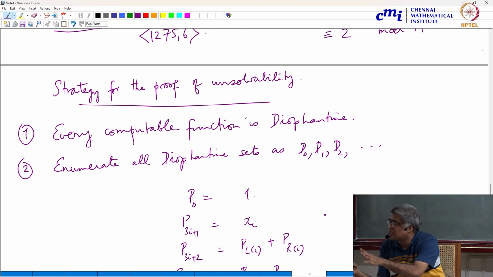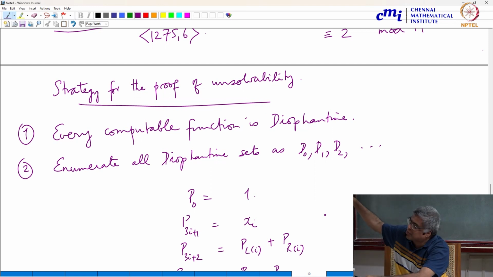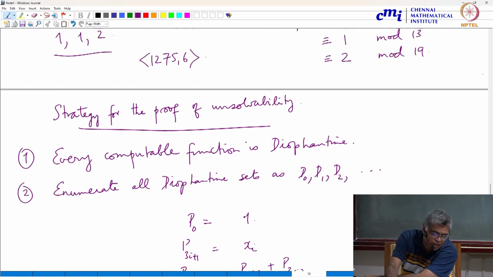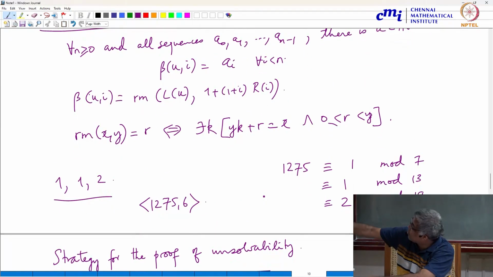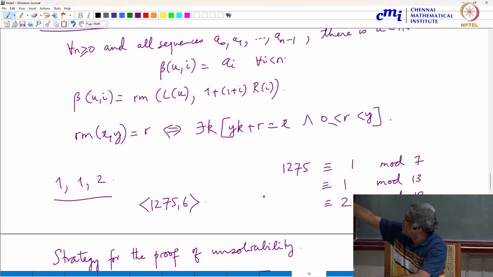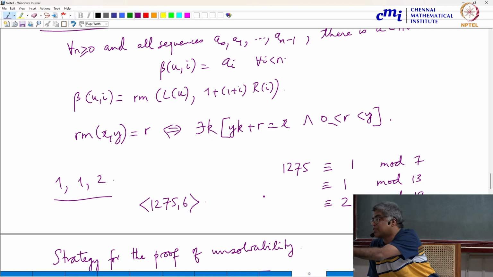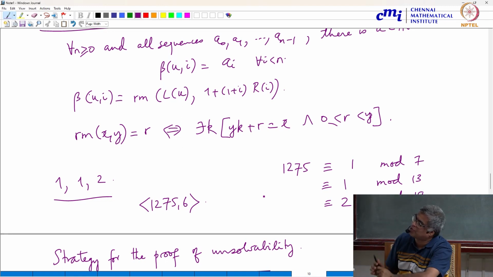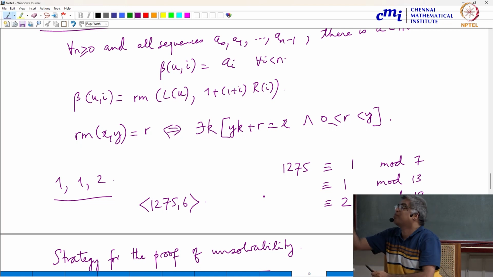Sometimes it is okay to say there exists such a function and go on, but in this case you want to claim something more, and it so happens that this is a very simple function. But your question is right. The u that I talked about in this lemma, 1275, I was able to work it out for this simple example, but there is no requirement for you to actually produce that u. It's a very complicated u. It suffices to say there exists a u.